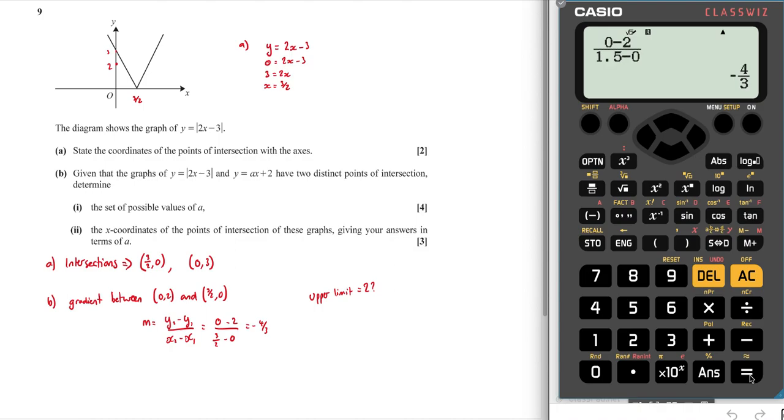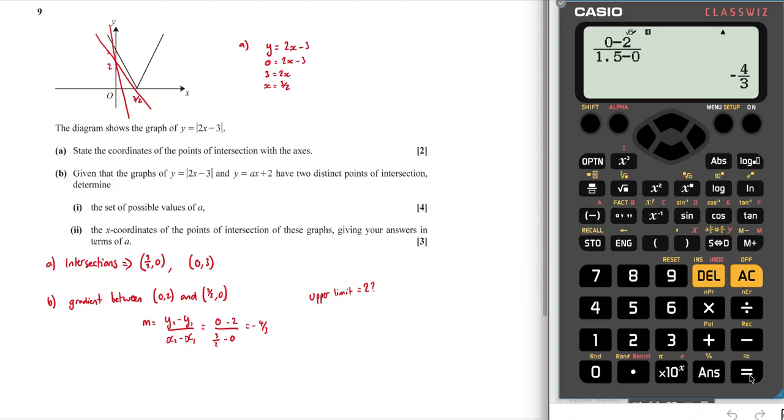So anything where it's not 2 is going to keep giving us these lines that are going to intercept twice until we get down to that minus 4/3. Then after we go past minus 4/3, if we get rid of those lines, and we go steeper, we are going to just intercept the line when it bounces back behind.